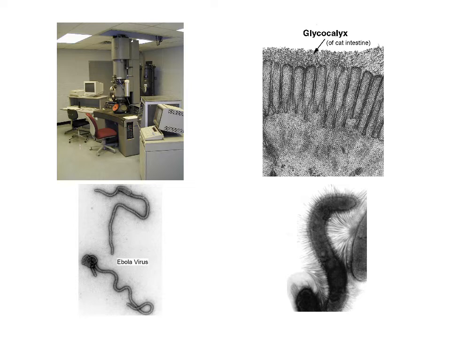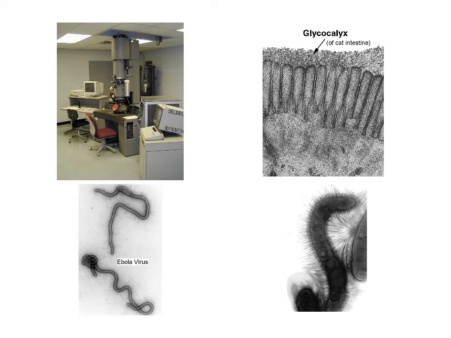This is an example of an electron microscope, and these are some images that it produces. The images are black and white. You might have seen some really colorful electron microscopy images, but those have been photoshopped. The color has been added to them. It makes them look like they're glowing, like a fluorescent microscopy image might show you.